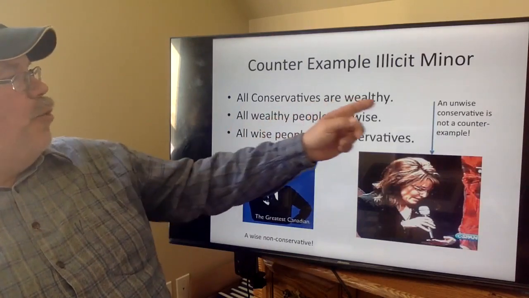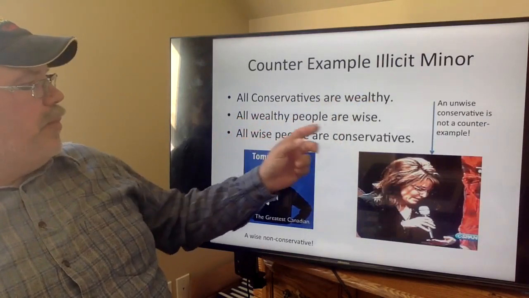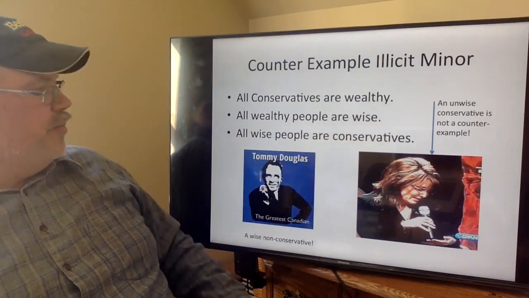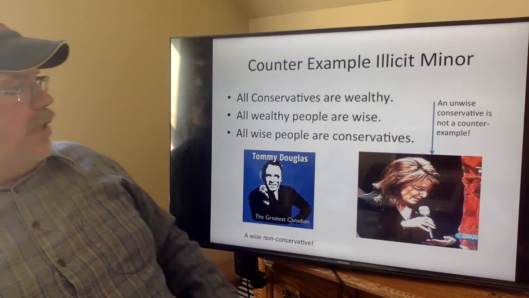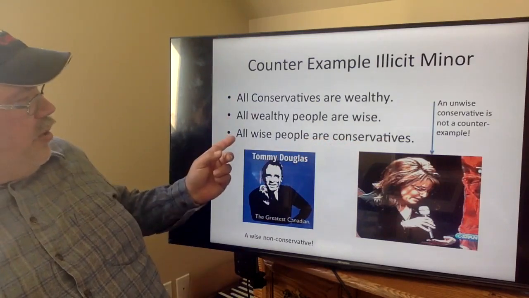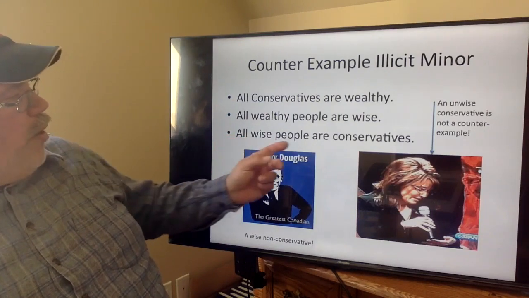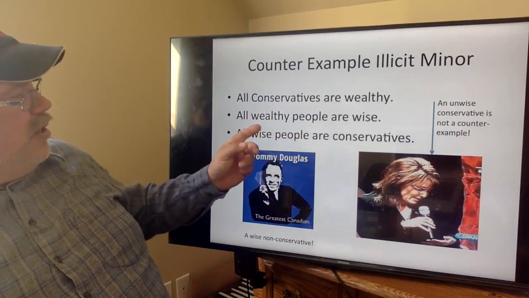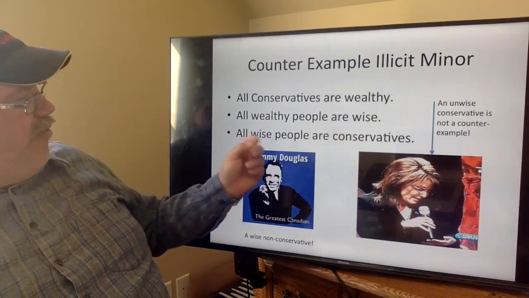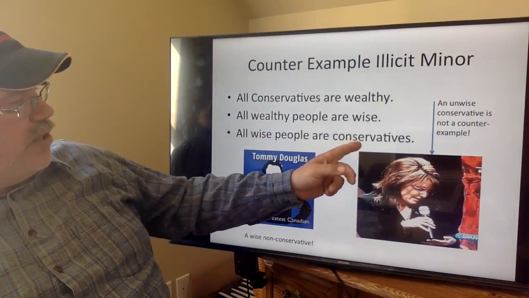All conservatives are wealthy. All wealthy people are wise. Therefore, all wise people are conservatives. So let's think about the distributions here, starting in the conclusion. The subject is all wise people, so that's clearly distributed. Conservatives, the predicate of an A form statement, is not distributed.